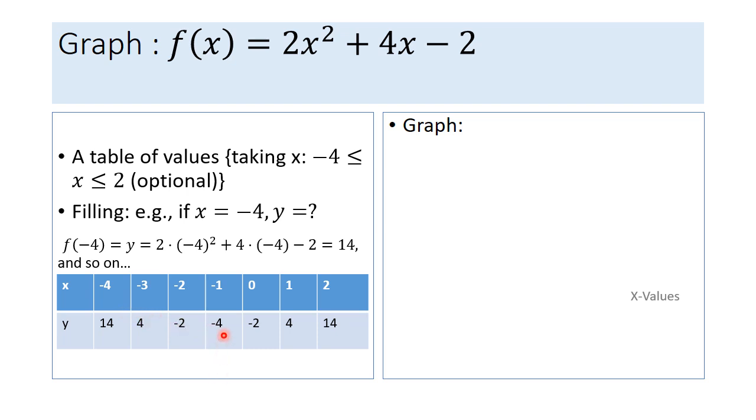You can see here is -4, for instance. If you go right, you find -2, the same as if you go left. As you go further, you find the value of y is equal to 4. Also, the left hand side is 4. 14, 14.